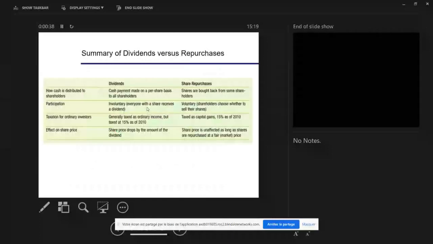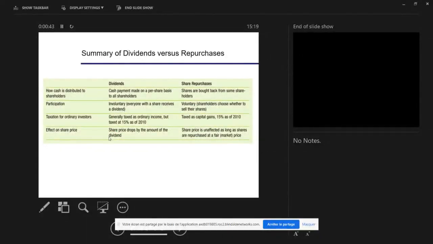So I think this is a summary of the slide that you should see here. It's very straightforward. When you pay a cash dividend, the effect on the share price is that the share price should drop by the amount of the dividend paid out. When you do a share repurchase, the share price is unaffected as long as shares are repurchased at the fair market price.